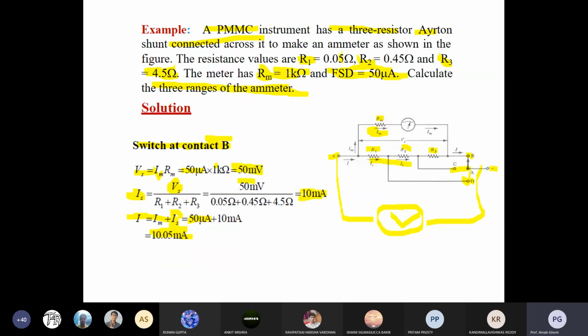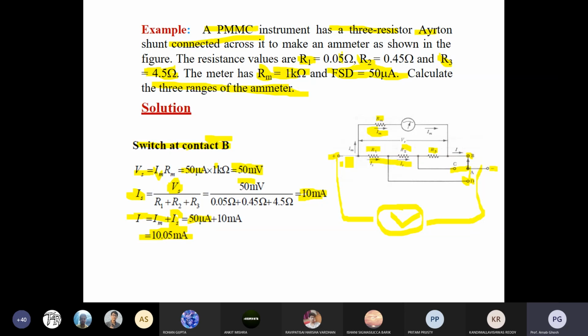So you can see the range. In the first case the current measuring range is less, that I value is less. Whatever experiment or numerical you are doing, you have to see the observation. We should draw some conclusions, and the conclusion comes from the observation.